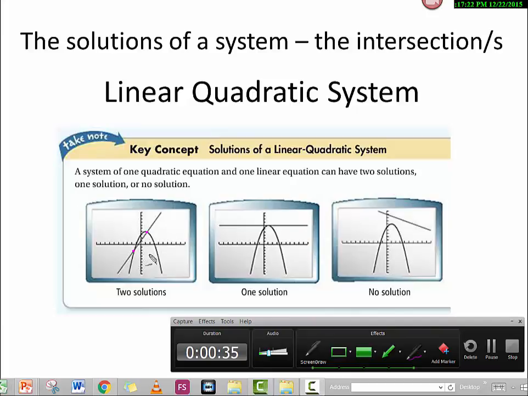So these two are the solutions for the system. The second scenario is that you can have only one solution, because this is the intersection point between the parabola, the quadratic equation, and the linear equation. The last scenario, you have no solution because the quadratic equation doesn't intersect with the linear equation.